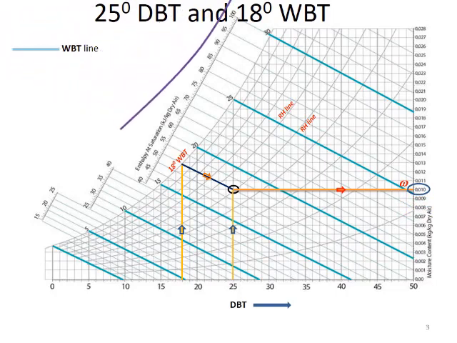Now to find the RH value, you have to imagine a line parallel to the already given RH lines. This point happens to be between the RH lines of 50 and 60, but it is nearer to the 50% line. If you approximate the relative humidity at that point, it will be around 52%.